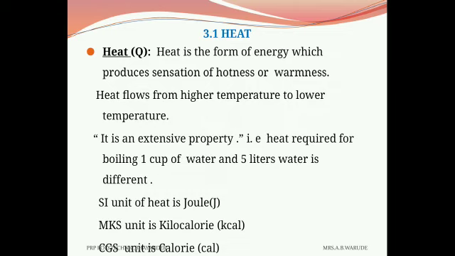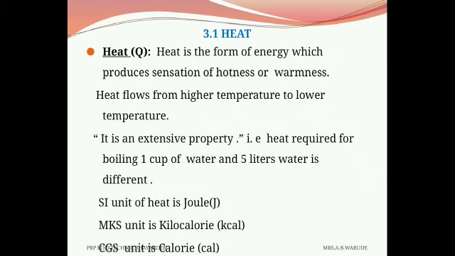Heat is the form of energy which produces the sensation of hotness or warmness. Heat flows from higher temperature to lower temperature. It always flows from the higher temperature region to the lower temperature region.